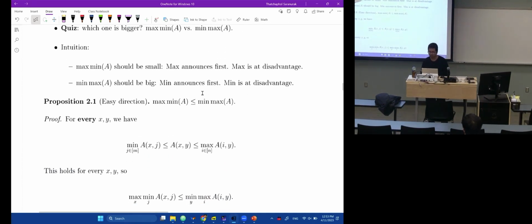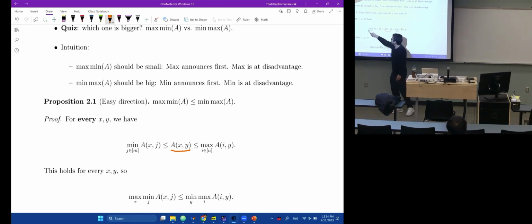So why? Because if you look at any x, y, let's look at this A of x, y. A of x, y is always at least, instead of fixing y, you can just minimize over all y. This is also less than this one because instead of x, you can maximize over all y. Okay, so this is trivial, but this is actually true for every x and y.